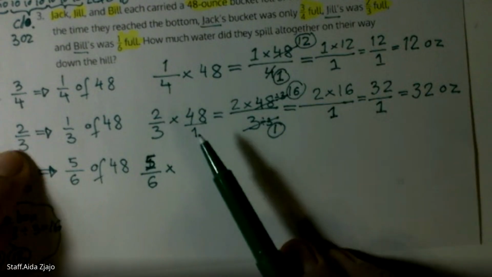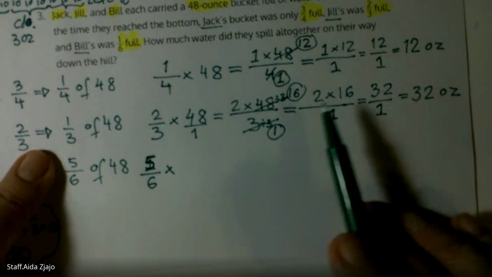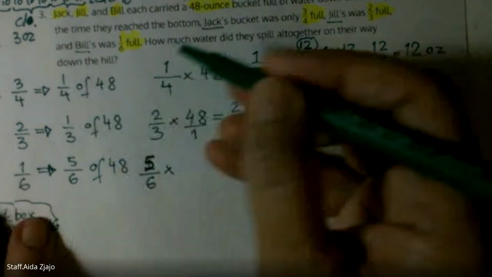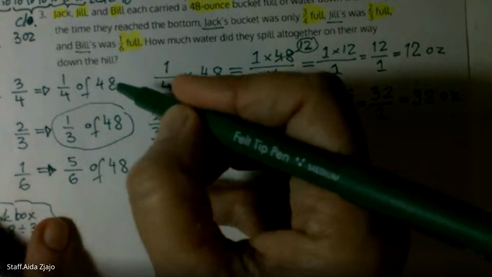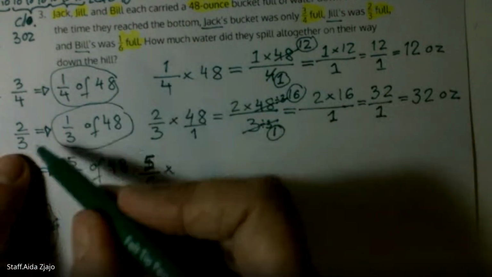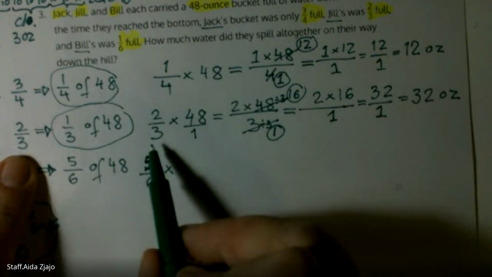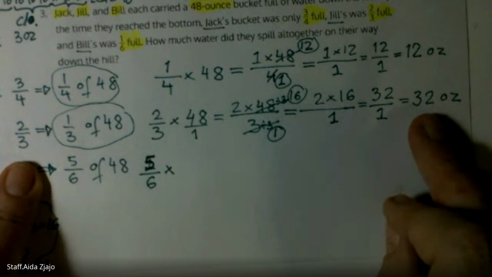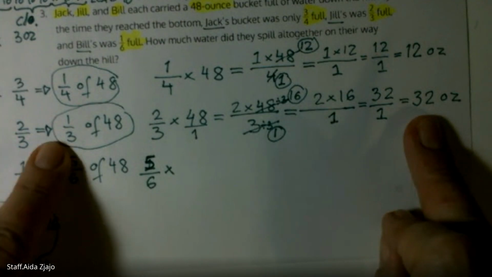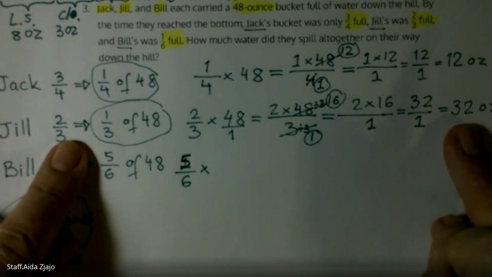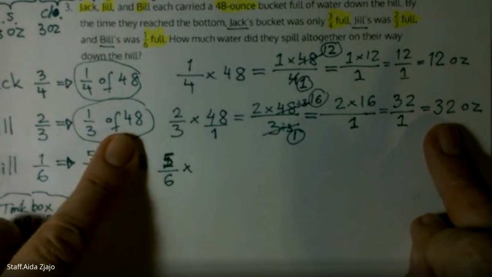So 1/3, I can easily solve this. I made a mistake by not seeing that I should do 1/3 like I did 1/4. Instead, I found what 2/3 of 48 is. The answer 32 is actually how much Jill brought with her, and 1/3 is what she lost.